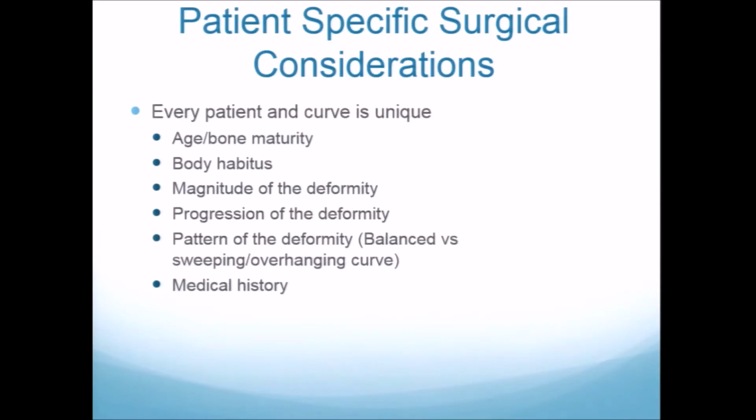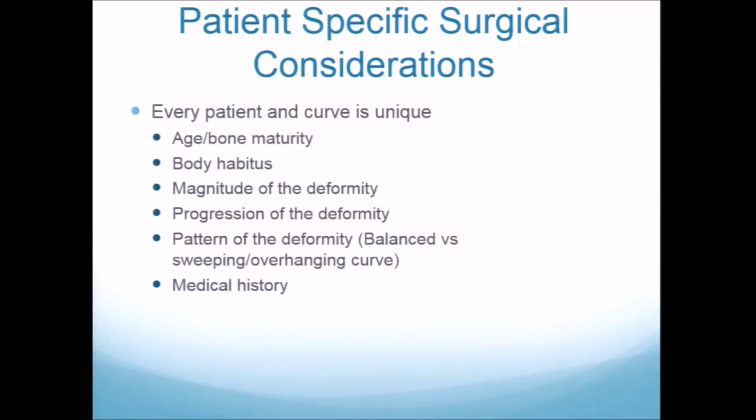We have to understand the magnitude of the deformity, and that will also help us choose when it's best to do something, and whether the deformity has progressed. Just because you have a large deformity doesn't mean it's going to get worse, and so that will determine our planning there. Then the pattern of the deformity. Are we talking about a well-balanced curve, which we could probably watch?